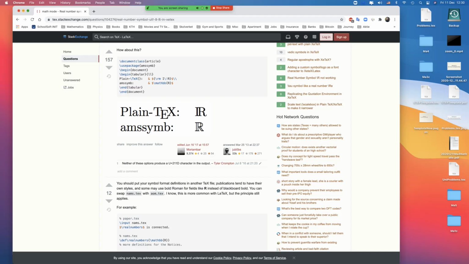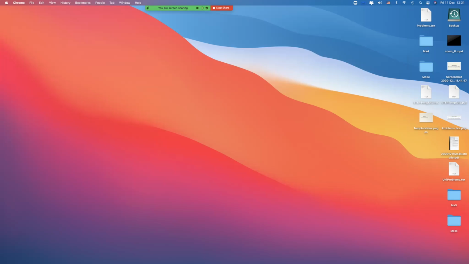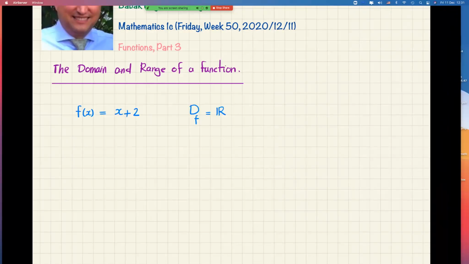If I just simply write R, it might be confused, for example, with the radius of a circle or whatever. But if you see this symbol anywhere in mathematics, it means the set of real numbers. So if you are confused, this is not IR, this is just R.